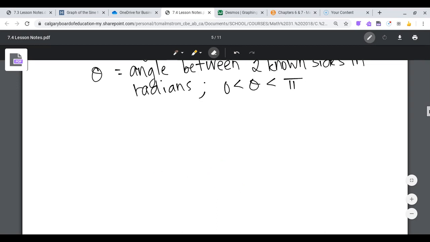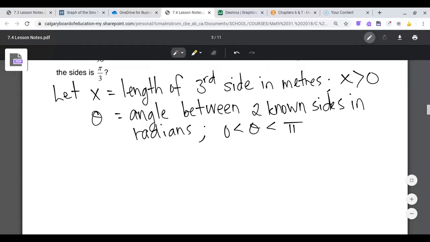Okay, so let's look at this. We have two sides. One of them is 15 and one of them is 20. And those are constants. They aren't changing, but the angle between them is changing.